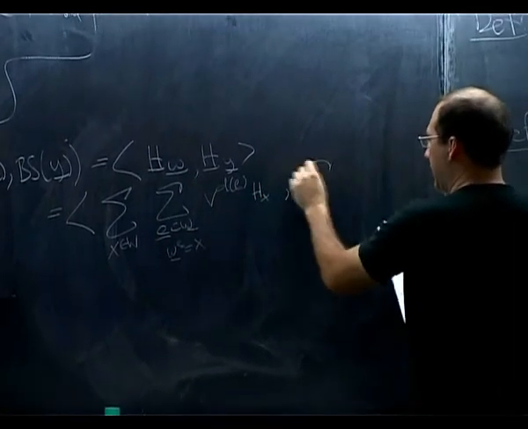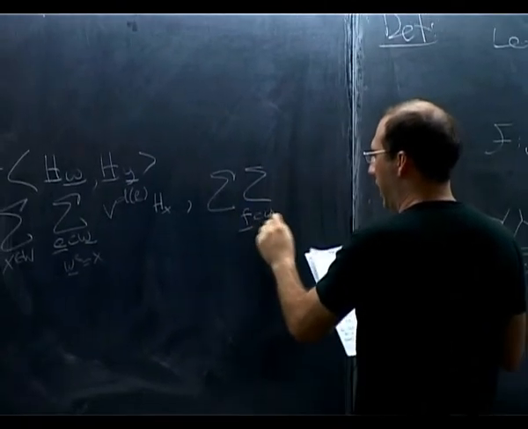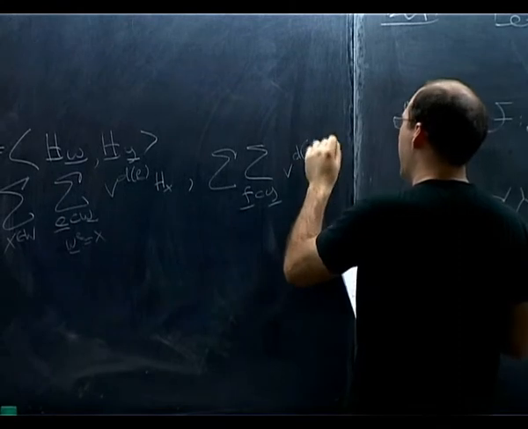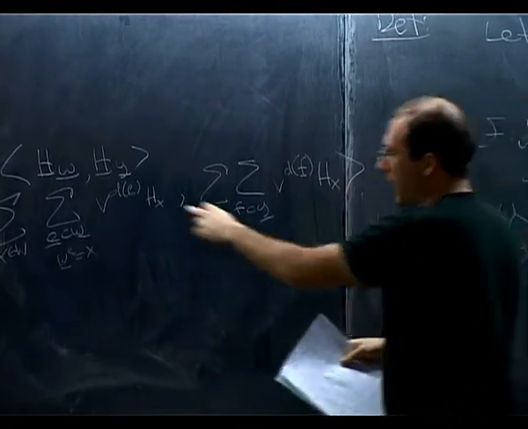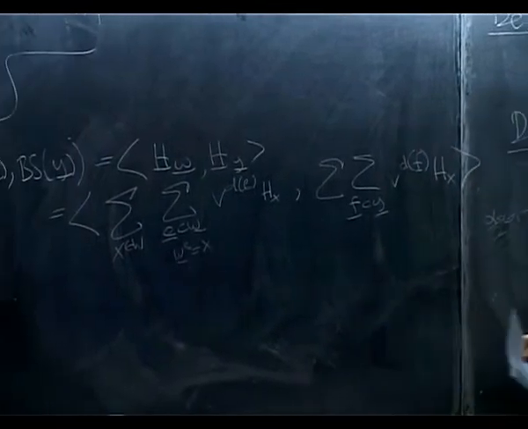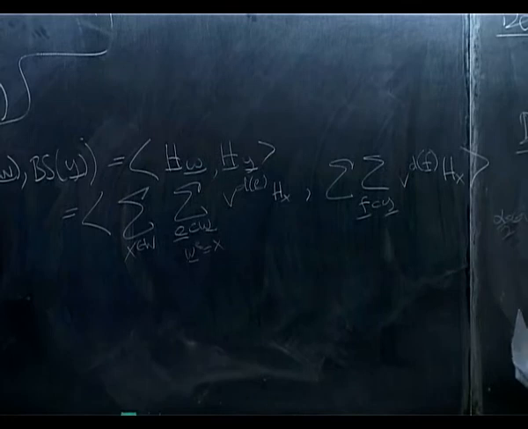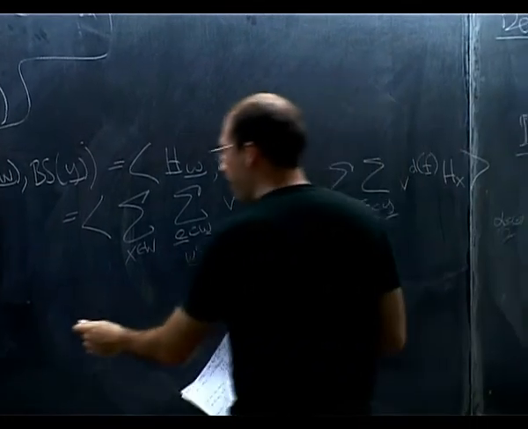And then the same exact thing, let's say F inside Y, v to the defect of F times h_x. Okay? And remember that the h's are an orthonormal basis for this pairing, for the standard pairing.